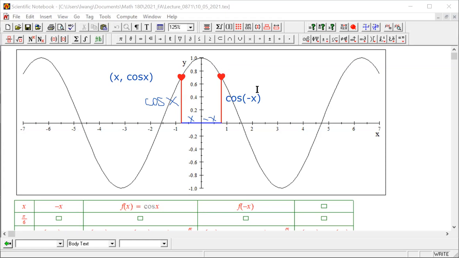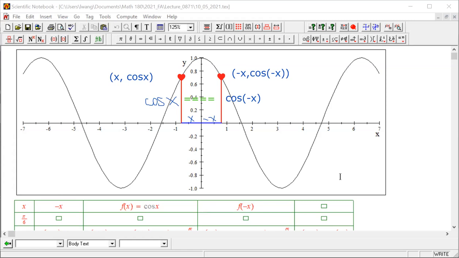So this point, the input is negative x. The output is cosine of negative x. And these two pieces are equal, right? Horizontal, vertical. The two verticals are equal. You follow me?